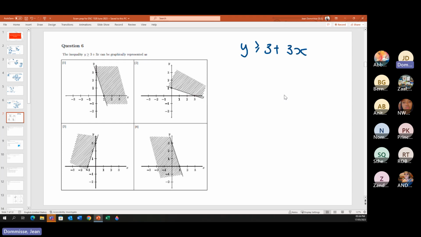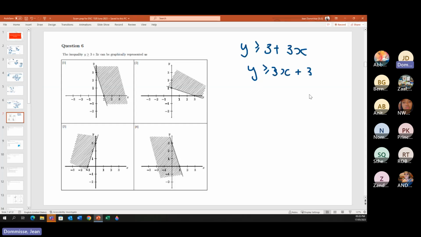Okay, so 3 minus 1. Okay, so let's just first write it as a normal mx plus c, so that we can see what we're working with.